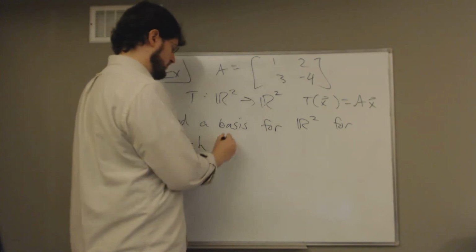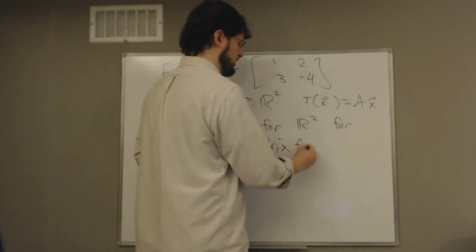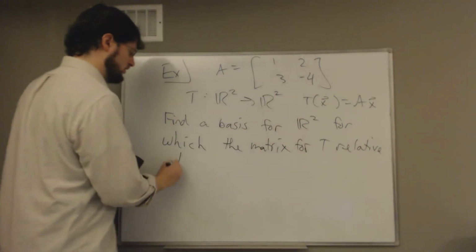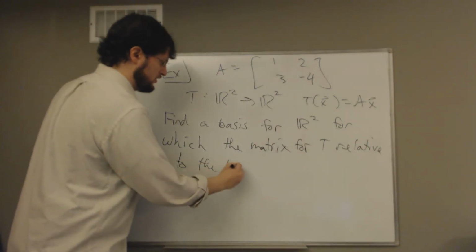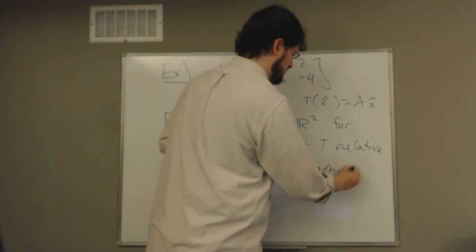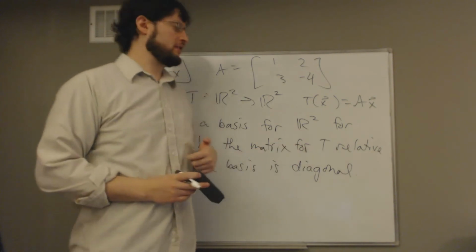Right? So the matrix for T relative to the basis is diagonal, because diagonal matrices are nice. They're nice to work with.